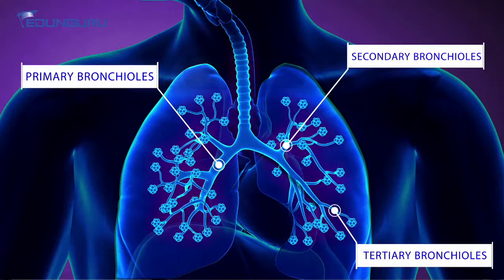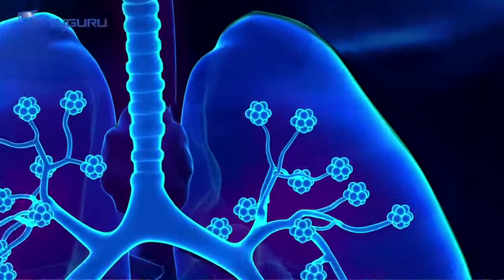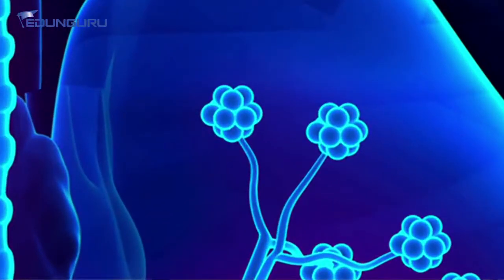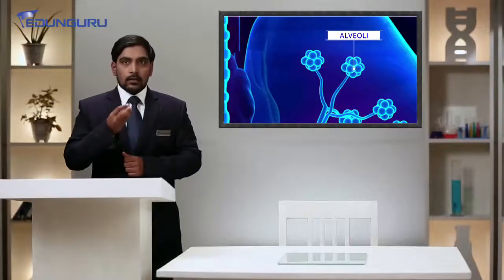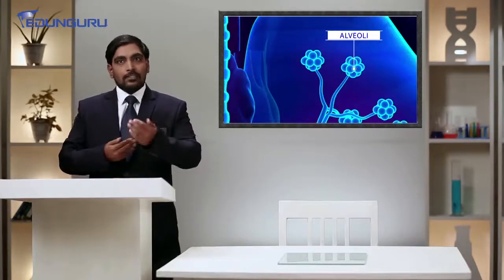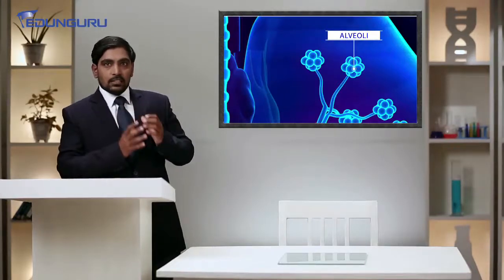We see a bunch of grapes, and when we see that entire bunch, it's all small grapes. The tertiary bronchioles have that structure. What is that called? It is called alveoli. Most important part of the respiratory system, because that is the point where there will be exchange of gases between the blood and the system. So this is alveoli.